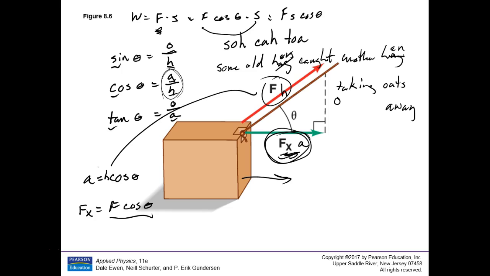So that's why we've got the new formula here. Work is equal to Fs times the cosine of the angle in between. That's when the force is not in the direction of motion. If you have the angle in between, that's what you use the cosine for. Okay.